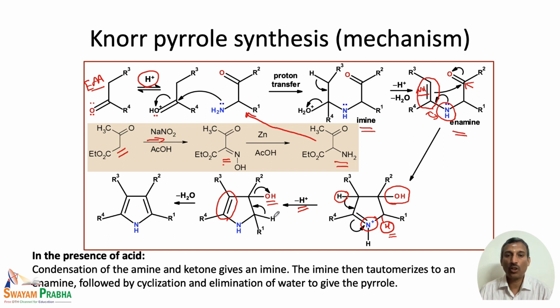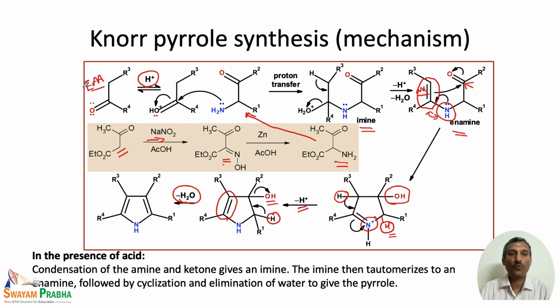This is lost as a proton unit, and this bond is now shifted between these two carbon atoms. The hydroxy unit is lost, so we have a water molecule that is lost in the final step, that leads to the tetra substituted pyrrole derivative. This is how the overall mechanism works for this Knorr pyrrole synthesis.